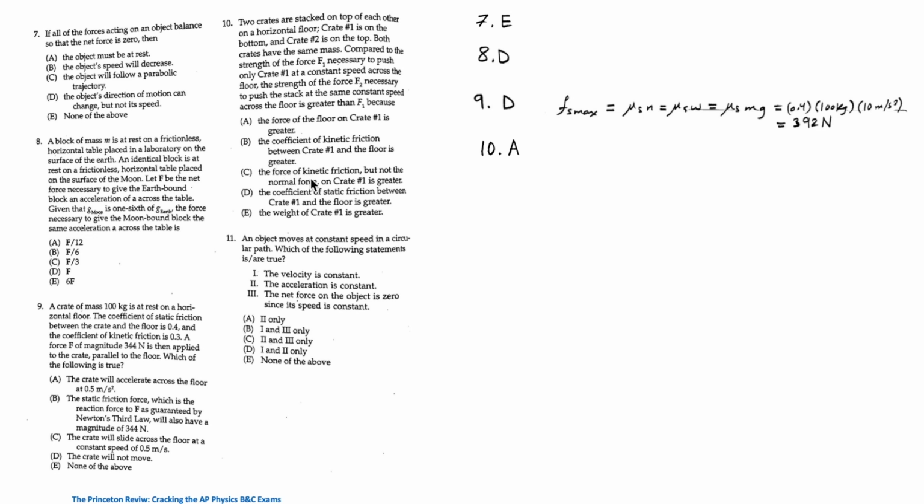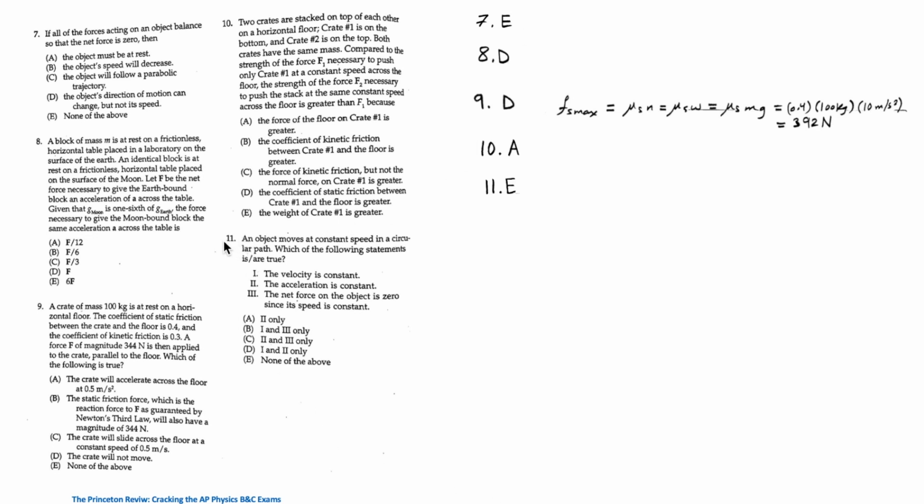And also here, the force of kinetic friction but not the normal force on crate 1 is greater, and this is also false because the force of kinetic friction is related to the normal force on crate 1. And the coefficient of static friction is greater. Again, the coefficient does not change, but only the normal force. And this statement, the weight of crate 1 is greater, is also false because the weight remains the same.